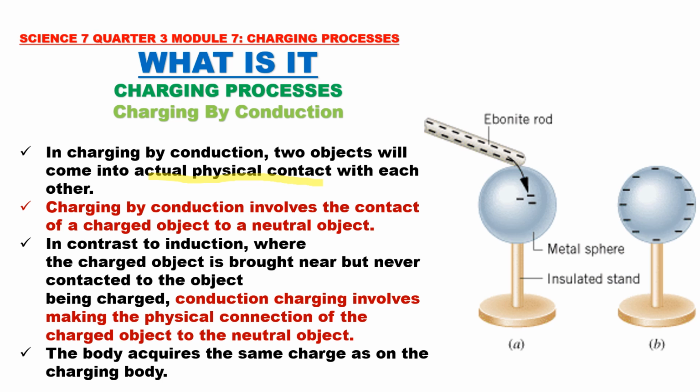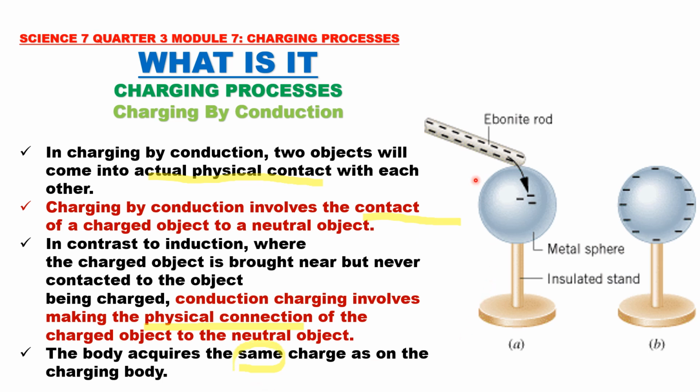Charging by conduction involves the contact of a charged object to a neutral object. In contrast to induction, where the charged object is brought near but never contacted to the object being charged, conduction charging involves making the physical connection of the charged object to the neutral object. The body acquires the same charge as on the charging body.